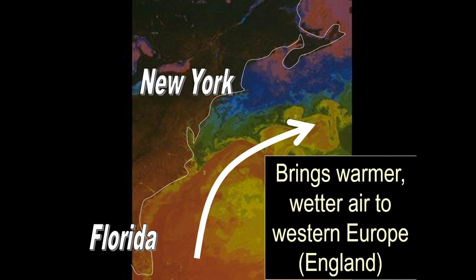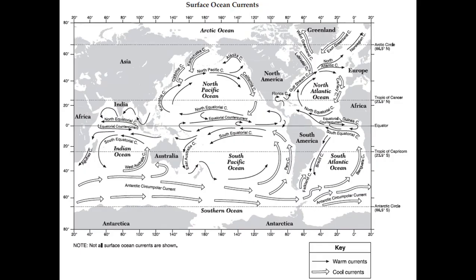It's actually called the Gulf Stream current. And it's right there on page 4. It shows you it brings warmer, wetter air to Western Europe and over near England. And here it is right over here. That's a warm current bringing warm water, and therefore warming all the areas along the East Coast a little more than they would otherwise be if they did not have a warm current there.